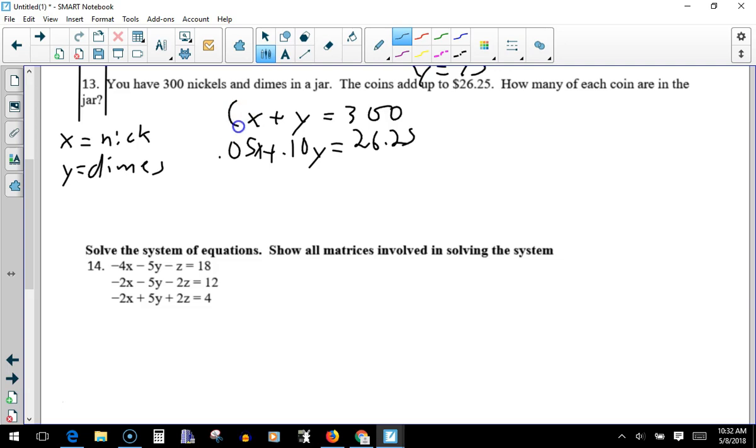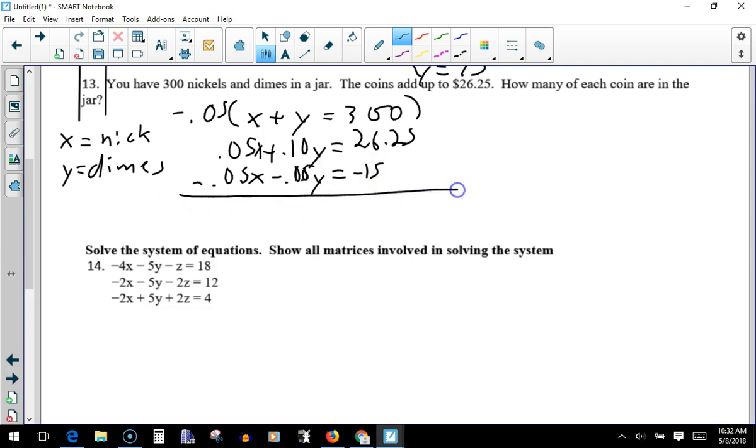As per usual, I like to cancel the smallest coin or number, so I'll multiply by negative 0.05. And 0.05 times 300 is negative $15 even. So the x's cancel. 10 cents take away 5 cents is 0.05y equals 11.25.